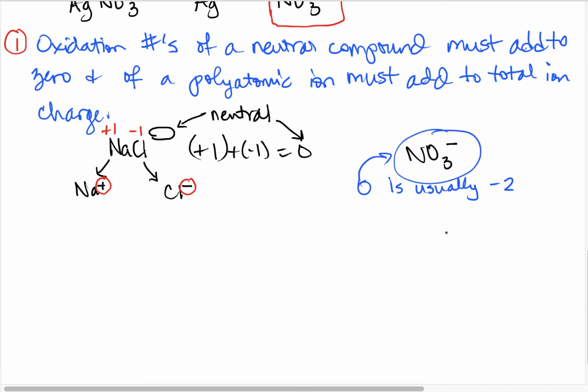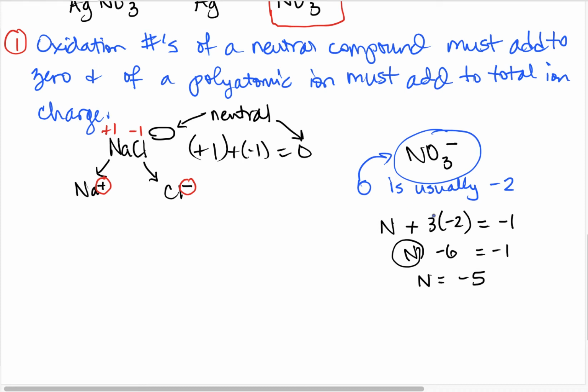So if we have 3 of these -2 charges and nitrogen, whatever nitrogen is, these have to add up to -1. So 3 times -2 is -6. And if we have nitrogen as something, it needs to be a number that if we add it to -6, we get -1. So nitrogen will be -5.